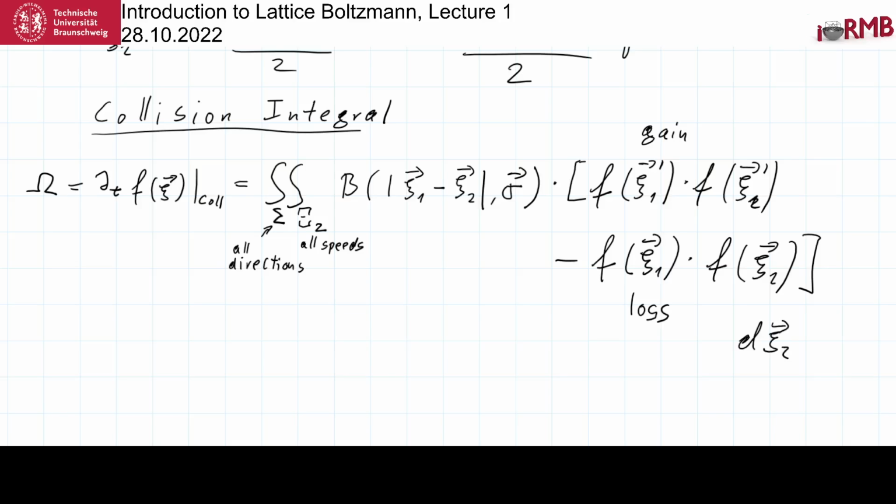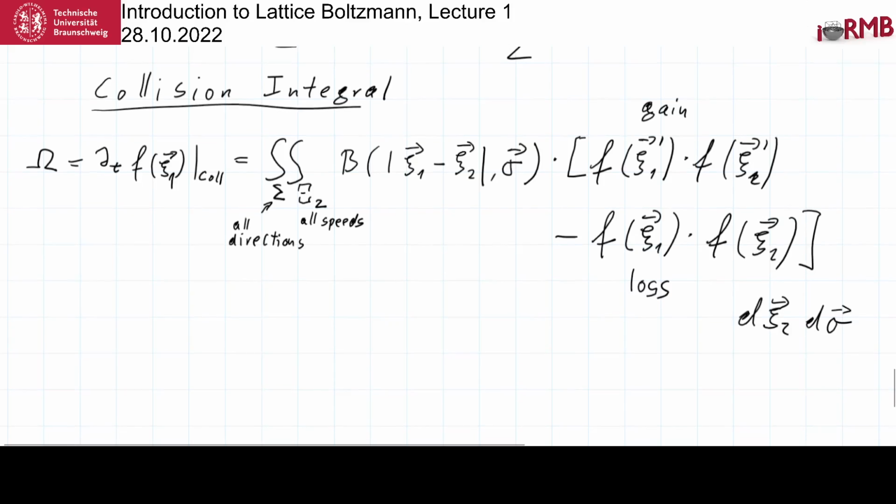All of this has to be integrated over the velocity space of particle 2 and all the directions. Now I obviously forgot to write in the beginning that this is the collision acting on velocity xi1.